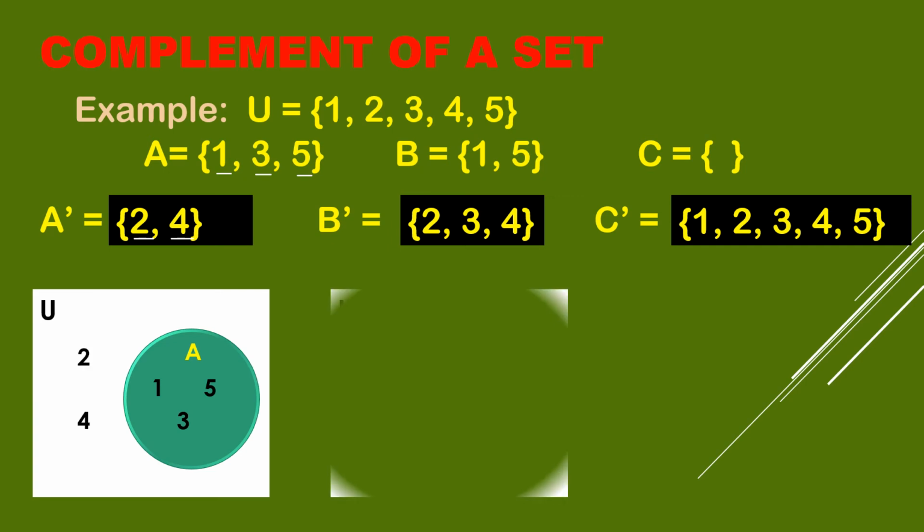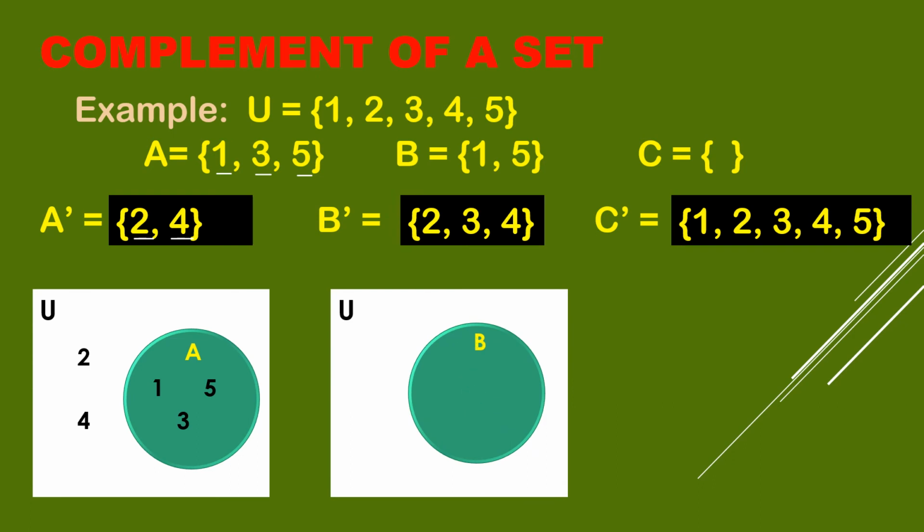Ganun din kay B prime. So, ito yung itsura ni B prime natin or B complement. We have 1, 5 sa loob ni circle at saka elements na 2, 3, 4 ang nasa labas ng circle pero nasa loob ni universal set. Okay? Or nasa loob ng quadrilateral natin.